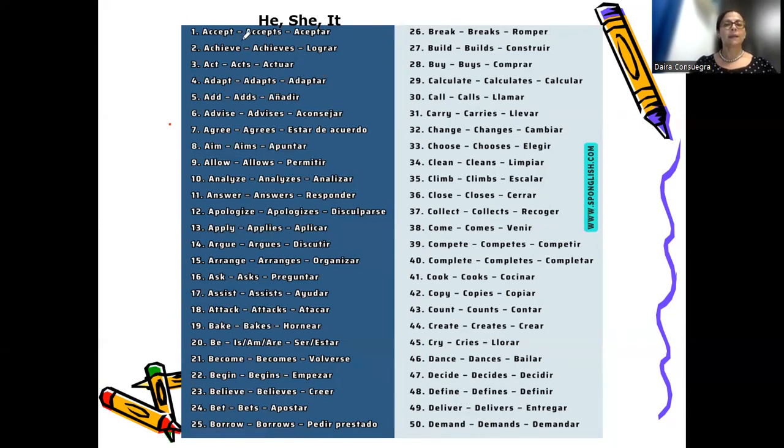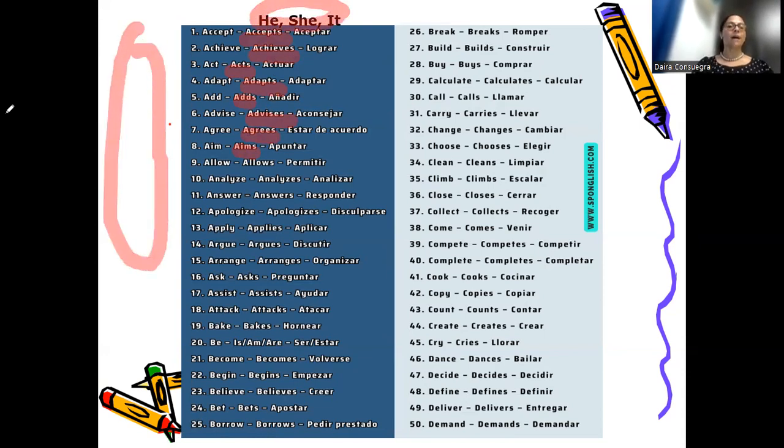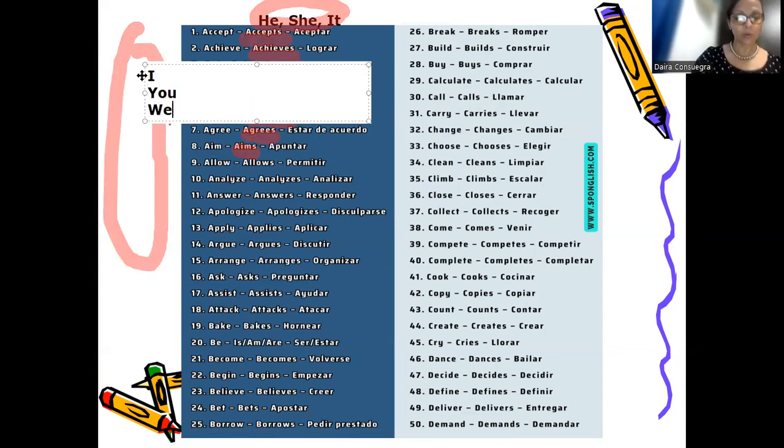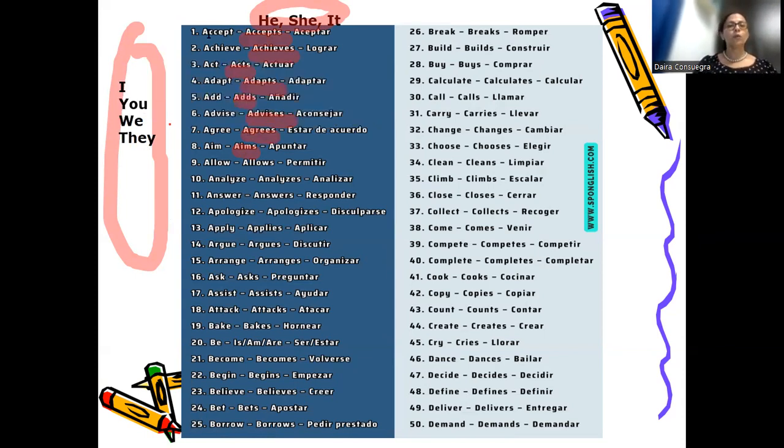This part here, okay? The second verb of each column, when you talk about he, she, or it. But when you talk about, in this case, I, you, we, and they, you will use the first column.